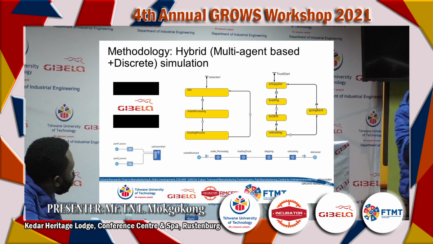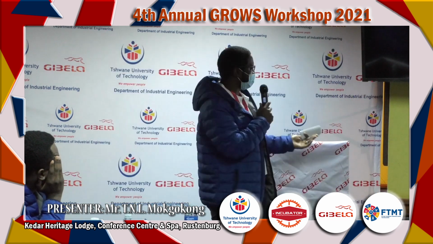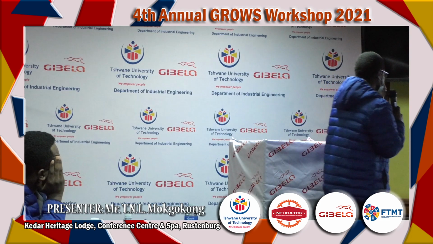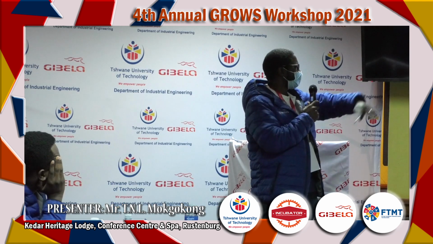The ordering takes place based on the inventory policy the company has, and then it is processed by the supplier. Whether the supplier owns the transportation or not is not relevant at this point. So you have the truck, and then it delivers.